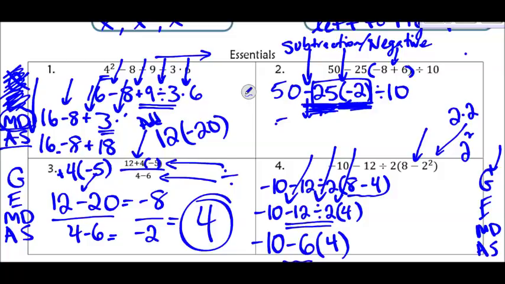I have a subtraction sign, and I have multiplication. So it's negative 10 minus 24. I really am thinking about this as multiplying a negative 6 times whatever's in the parentheses. Negative 6 times positive 4 gives me a negative 24, or minus 24. Those are the same thing. Negative 10 minus 24 is negative 34.